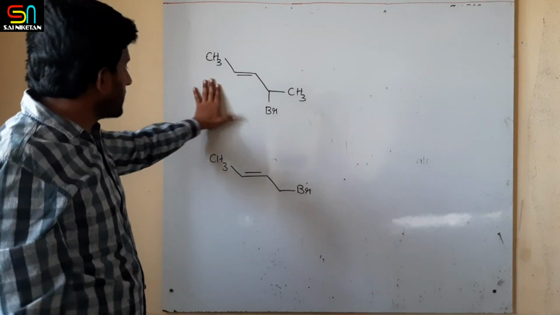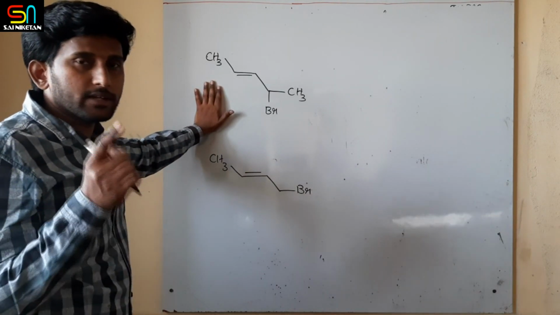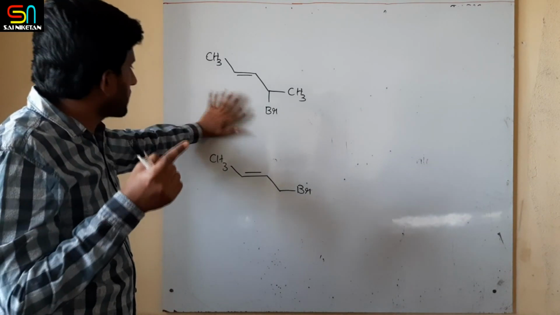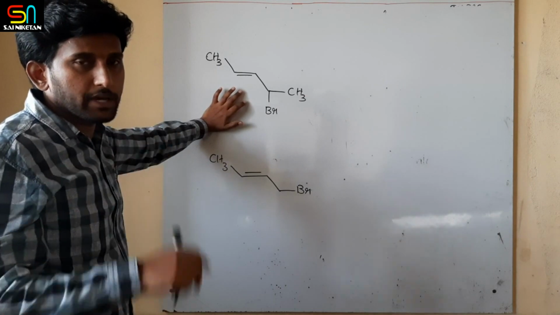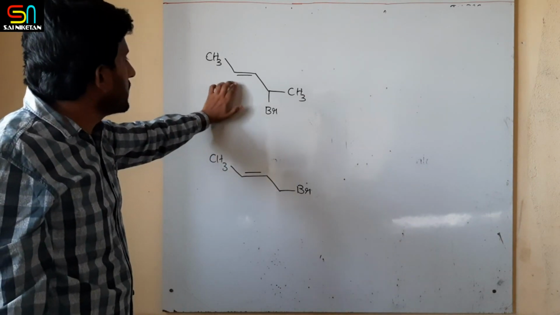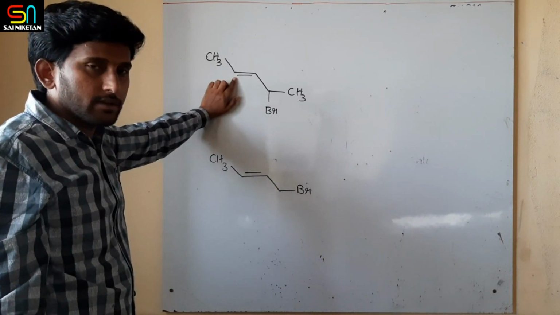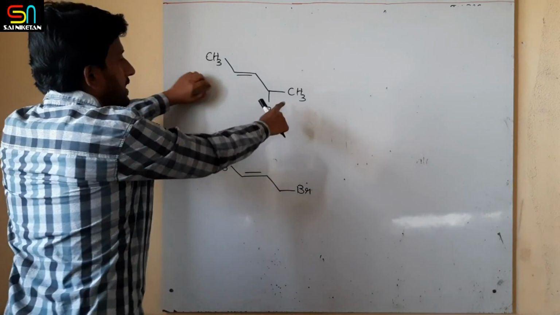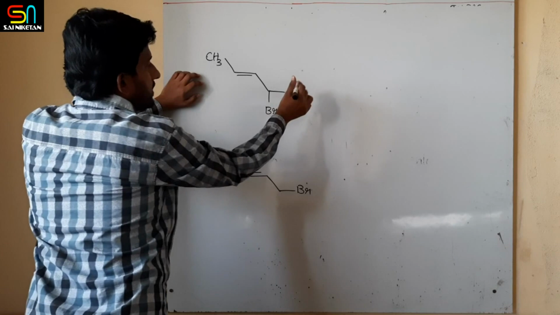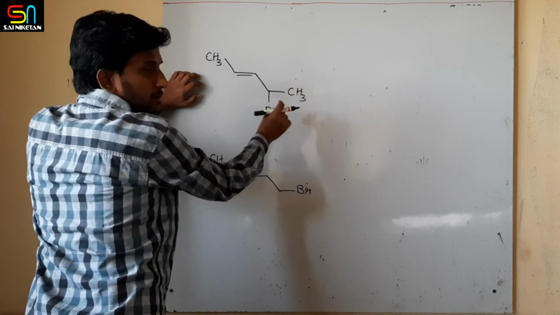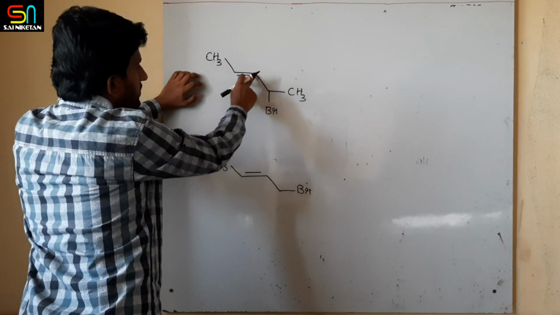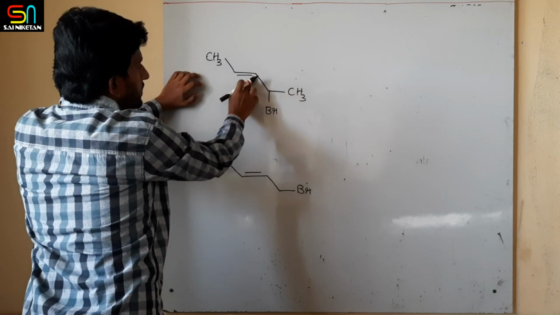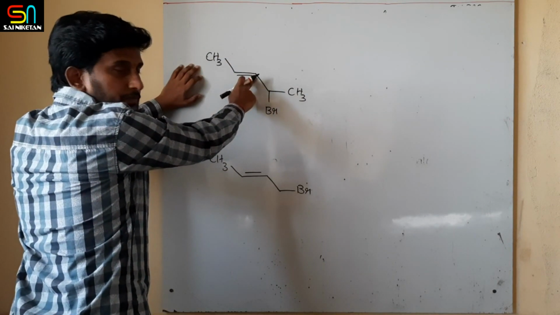The basic thing is, you know that when you compare double bond and bromine, the double bond should be given major priority. If I start numbering from this side, this will become the first carbon, second, third, so it will come at position 3.